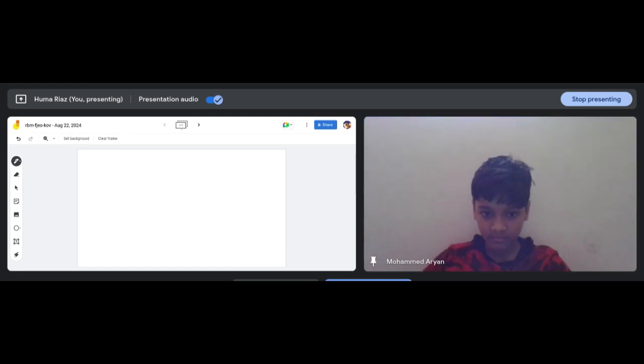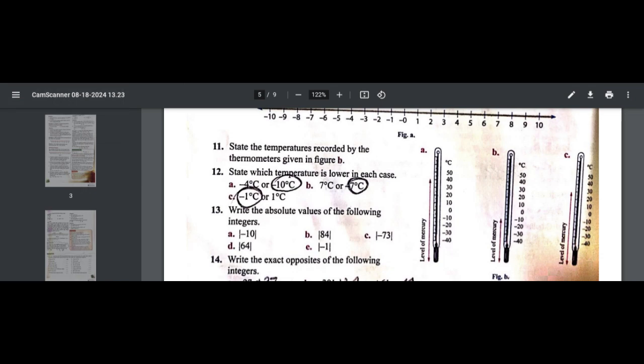For minus 1 degree Celsius and 1 degree Celsius, which one is the lowest? Minus 1 is lower, right? Yes, minus 1 is lower.